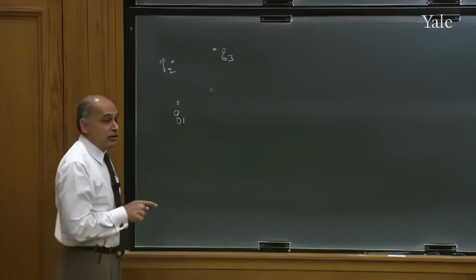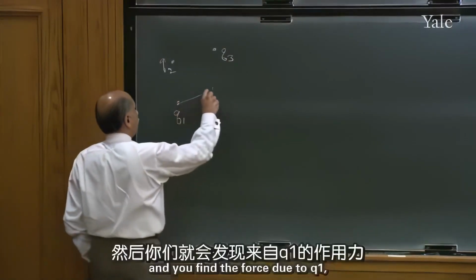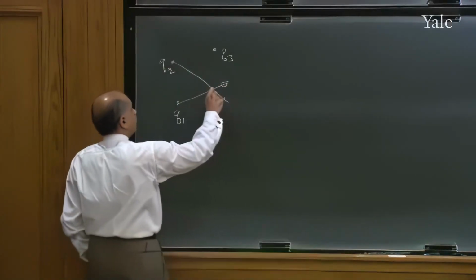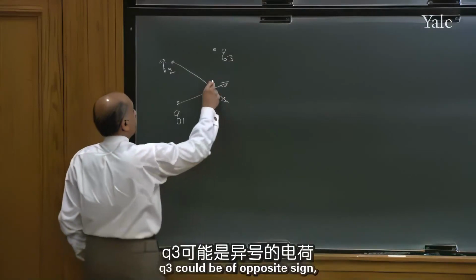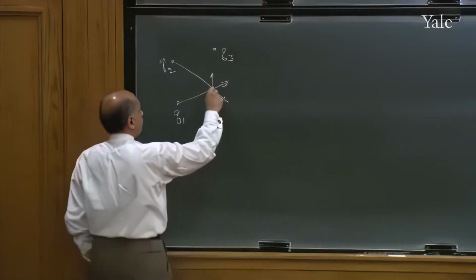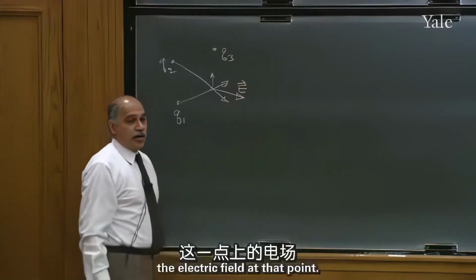You compute that. So in your mind, imagine a coulomb, and you find the force due to Q1 may look like that. Q2 may exert a force that way. Q3 could be of opposite sign, so maybe it'll exert a force that way. You add all these vectors, they add up to something. That something is called the electric field at that point.